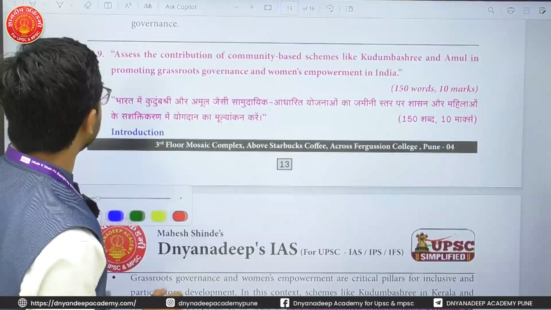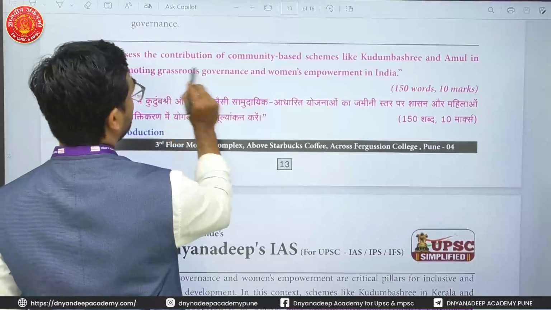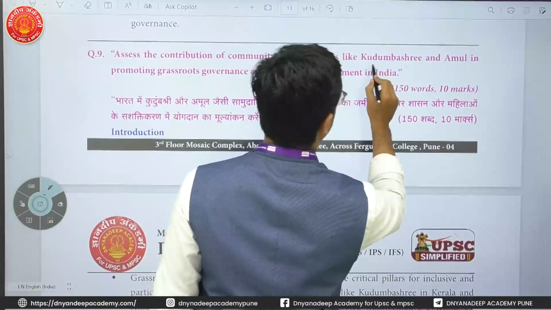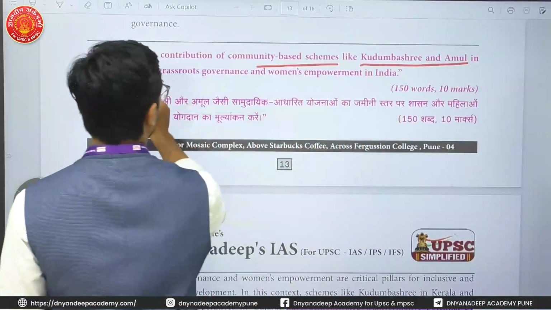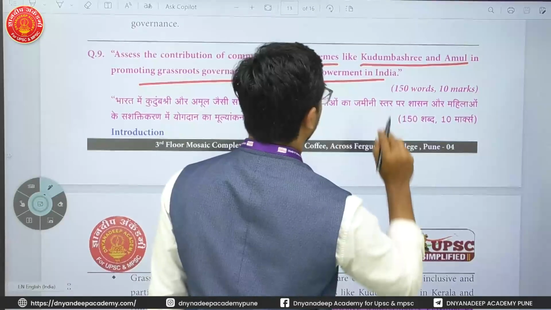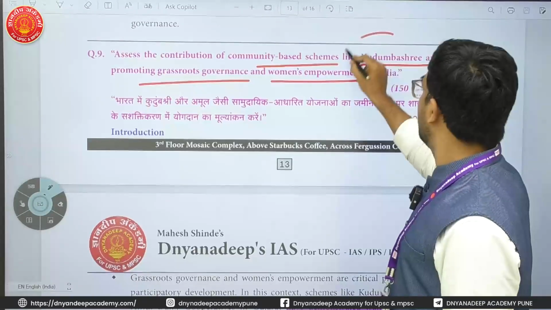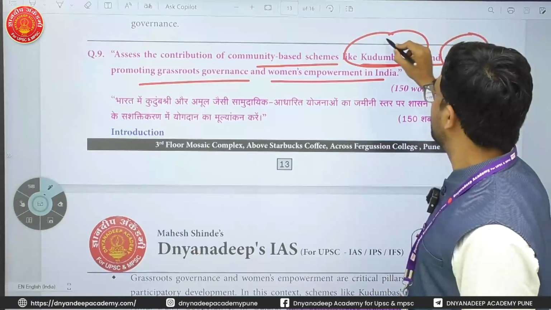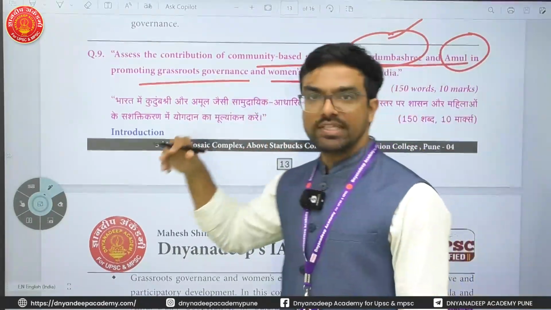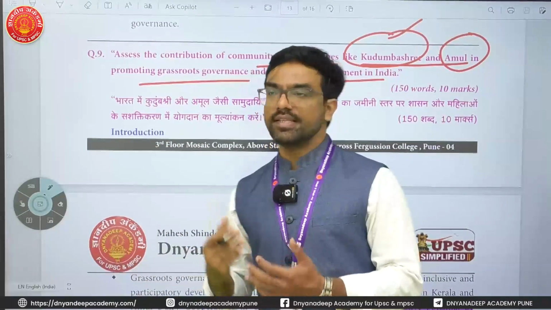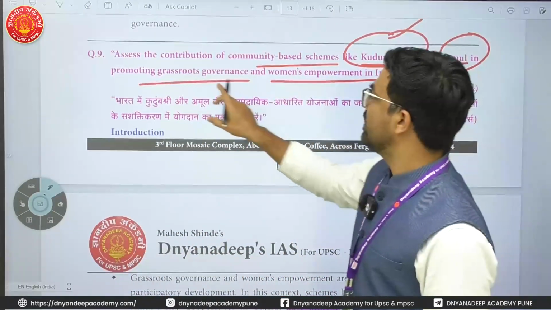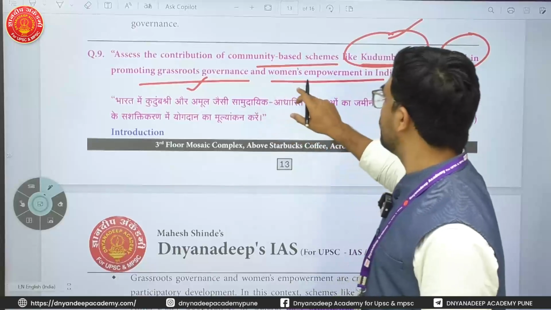Now, assess the contribution of community-based schemes like Kudumbashree and Amul in promoting grassroots governance and women's empowerment in India. So basically, Kudumbashree is a self-help group in Kerala and Amul is a cooperative in Gujarat. So it is saying to assess their role in promoting grassroots governance and women's empowerment.